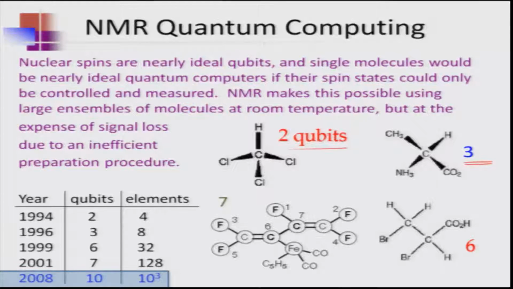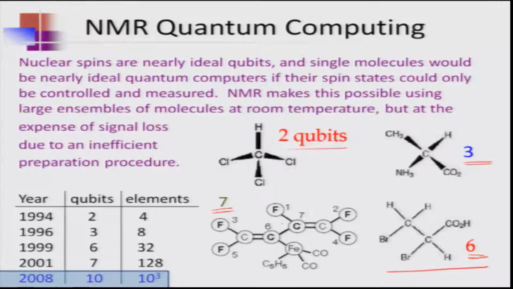Then it has gone ahead with, say, this other molecule where 3 qubits have been achieved, and similarly much fancier molecules like this particular one have shown 6 qubits, and finally this particular molecule, which has been used by Chuang to show Shor's algorithm, which we will do later on, has been shown to have 7 qubits, and here are the qubits. Here the fluorine spin is also being utilized.